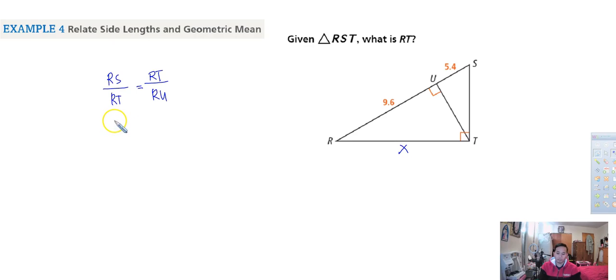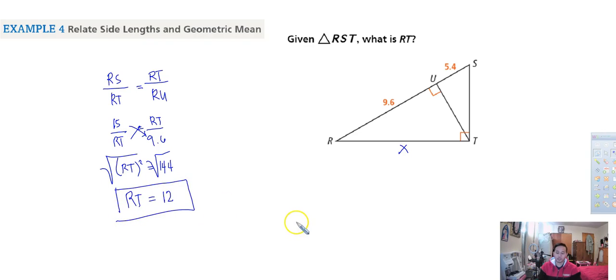Okay, we have 15 over RT is equivalent to RT over RU, which is 9.6. Again, you cross multiply, we have RT squared is equal to 144. Therefore, you extract the root of both sides. We have RT is equal to 12. So the length of RT is equal to 12.